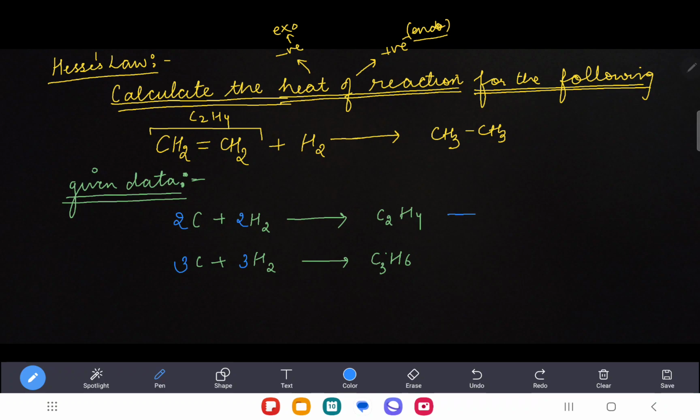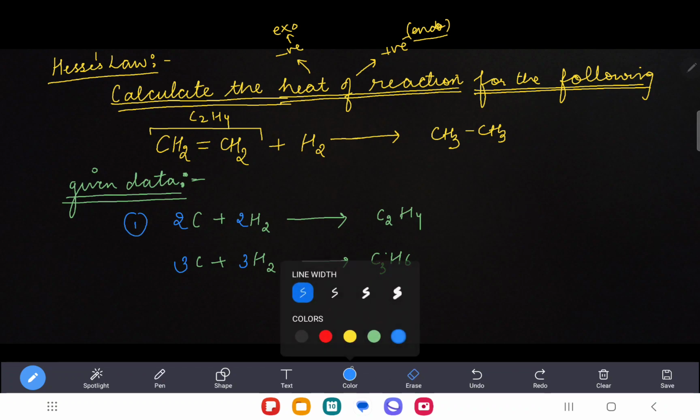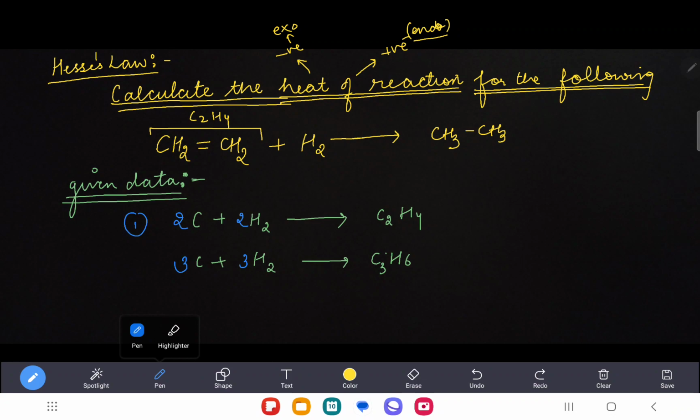And now it would require me to do what? It would say that for this particular reaction number one, the amount of heat is going to be delta H formation. The question will not tell you whether it is delta H formation or not, but you have to understand from the data itself.